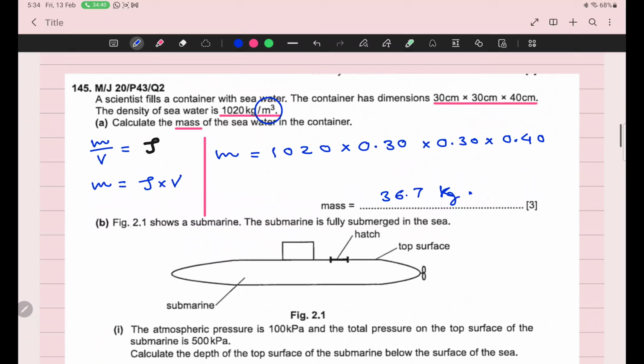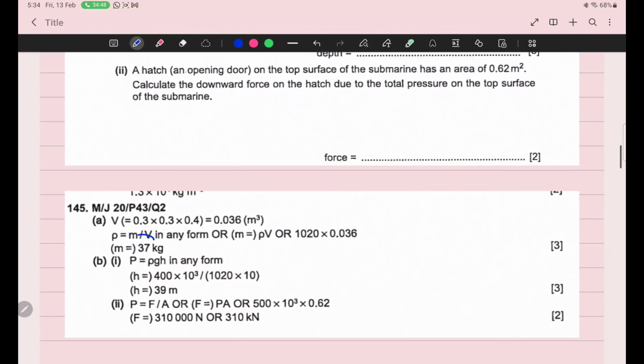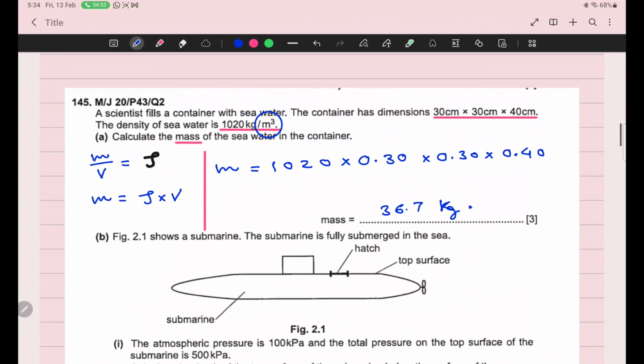Okay, and all the given numbers are in 2SF, so it should be rounded to 37 kg. Yes, the answer is 37 kg. All the given numbers are in 2SF, so the final answer should also be in 2SF.